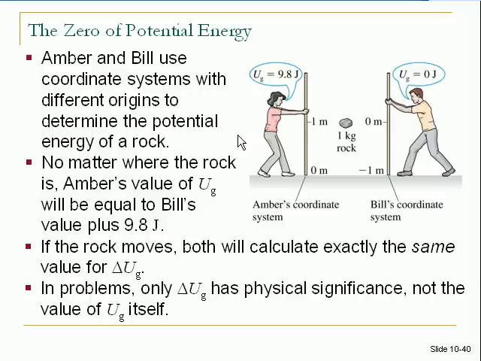So you can choose zero gravitational potential energy wherever you would like. Quite frequently we will choose a location that is convenient, like the floor or the ground.